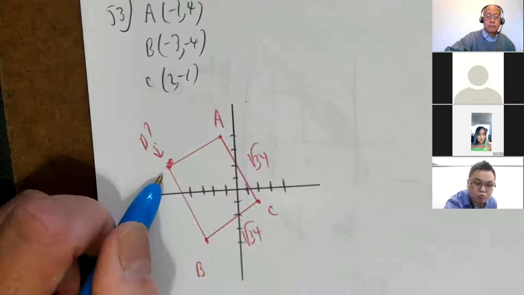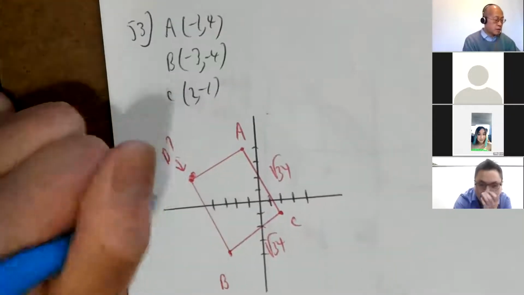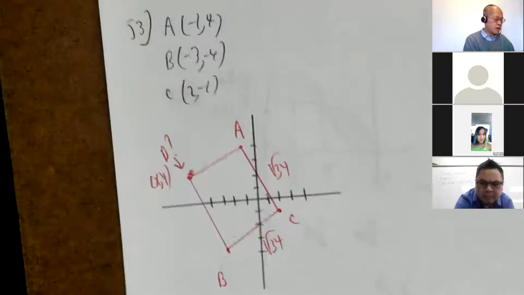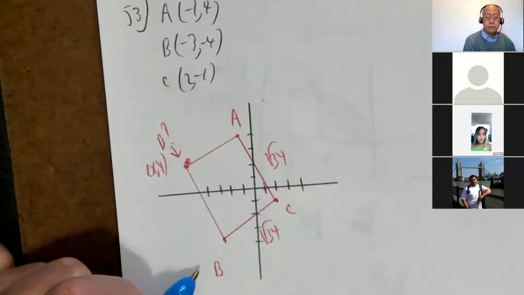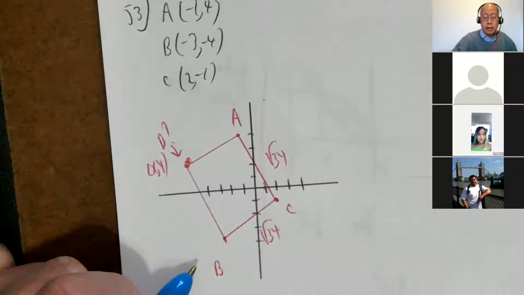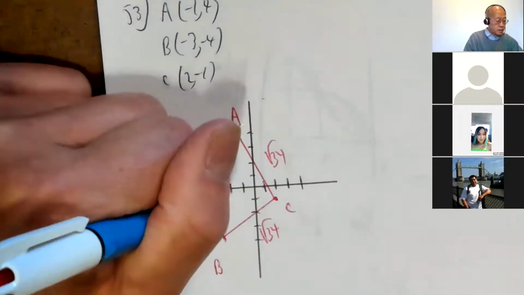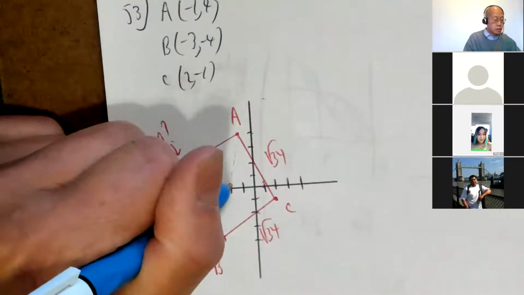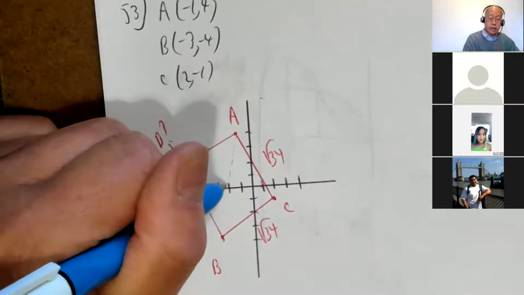So how would you find that point? Right. So how do I find this point now? So let me call it X comma Y. Can you use the midpoint between A and B? Well, that would not give me a rectangle.